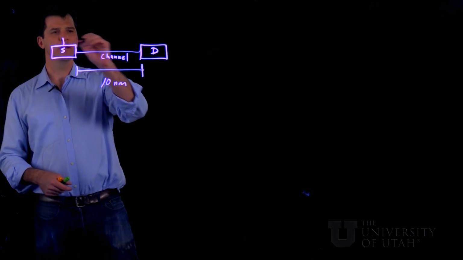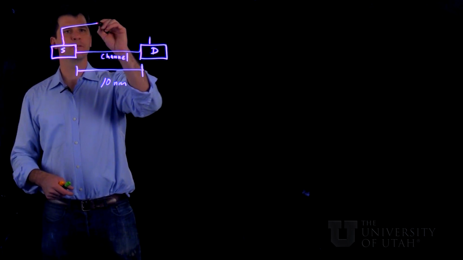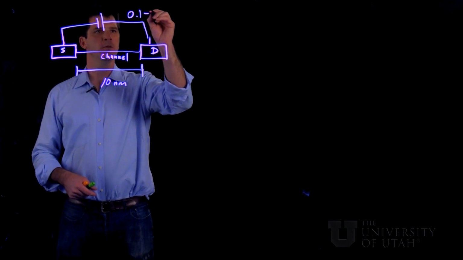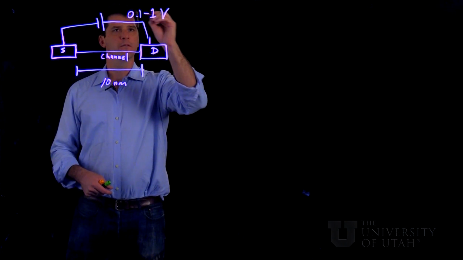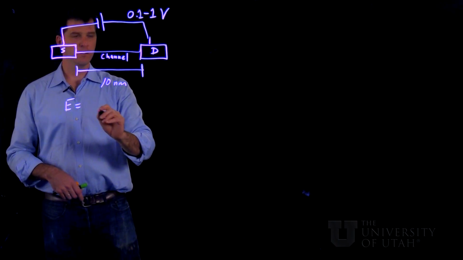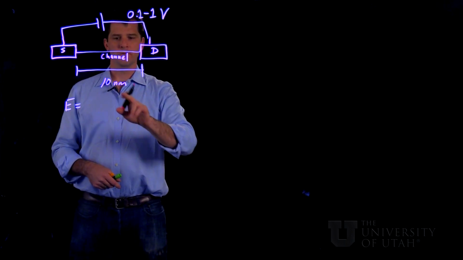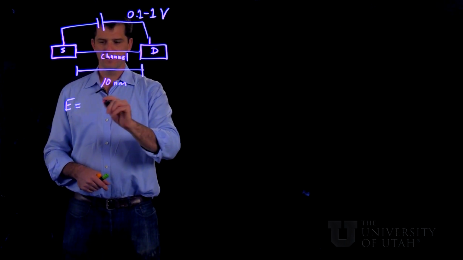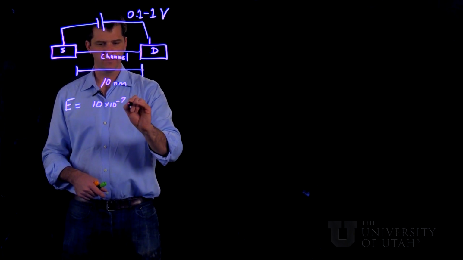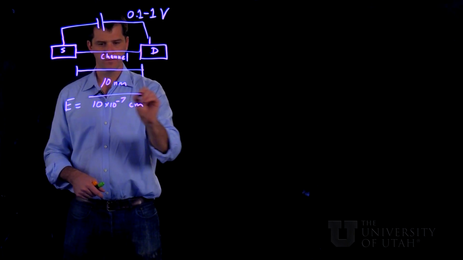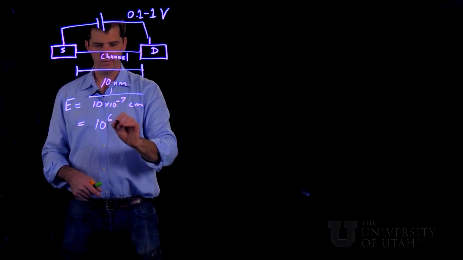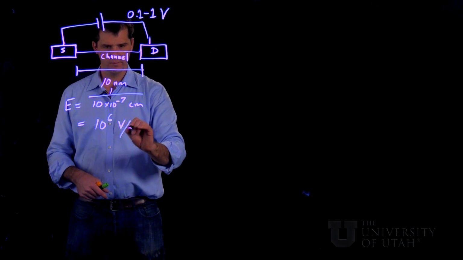So if we apply a source to drain voltage that's somewhere in the range of 0.1 to 1 volt, what's the E field that occurs in this channel? Well, let's say we have 1 volt over 10 nanometers. So we have 10 to the minus 7 centimeters, 1 over that. So our E field is 10 to the 6 volts per centimeter.